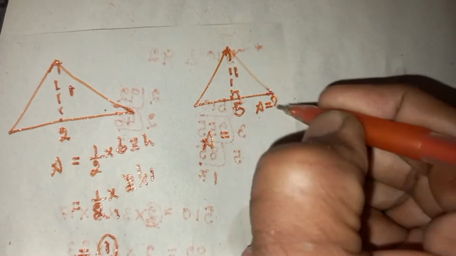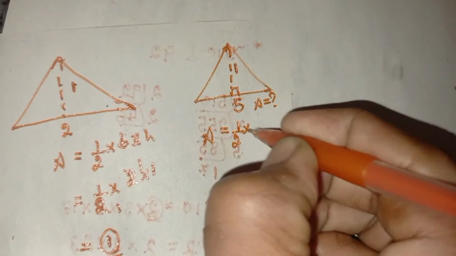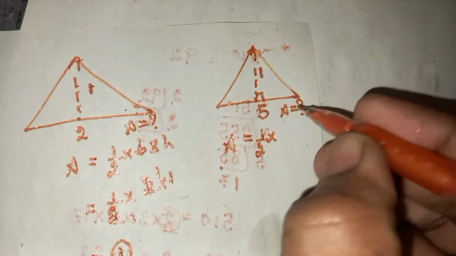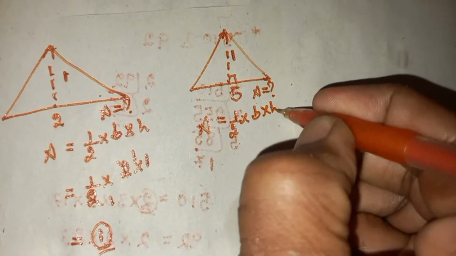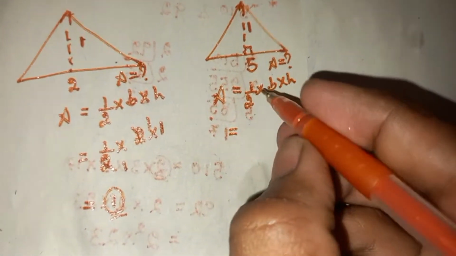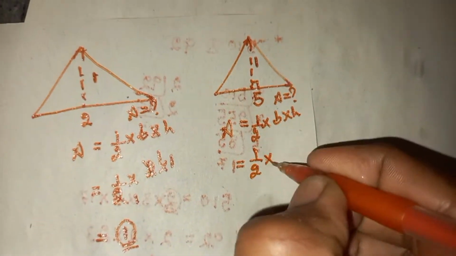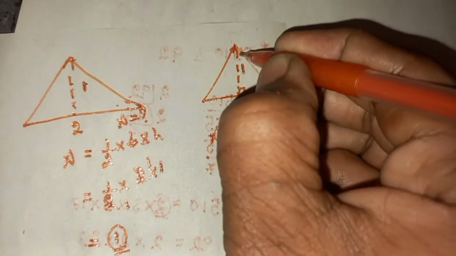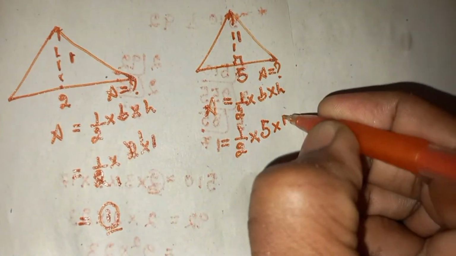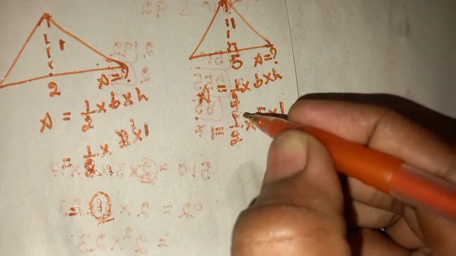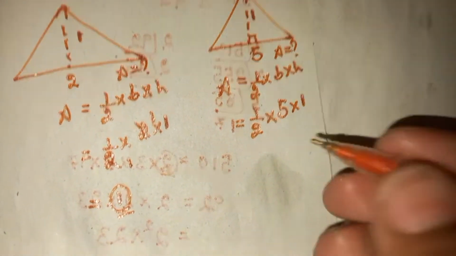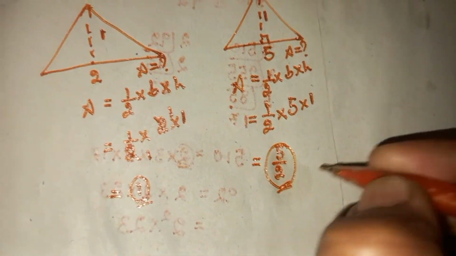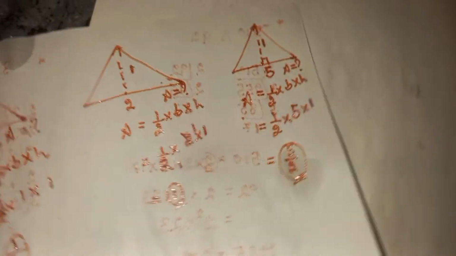The area is half times base, 2 units, times perpendicular height, 1, which is 1 square unit. Take one more, with base length 5 units and perpendicular height 1 unit. The area is half times 5 times 1. You cannot divide 2 and 5, so the numerator is 5 and the denominator is 2, so it becomes 5 by 2 square units.